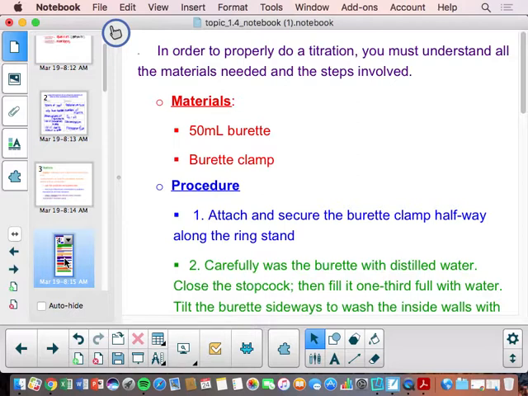And this is a burette, never been used, still in the package. So I have a perfect one for this. We take this and we put it in this clamp.